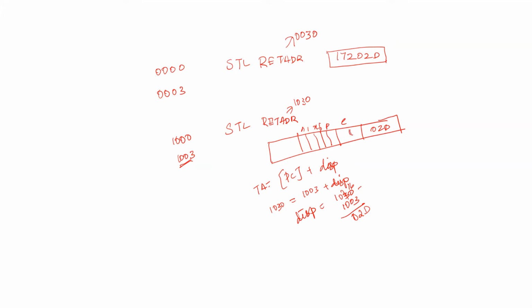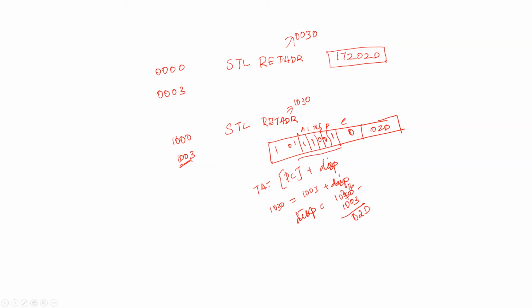Since this is format 3, E is 0. Program counter relative mode is 1, base relative is 0, we don't have X, we don't have N and I, so 1. So 1, 4. 4 is specified as 0, 1.